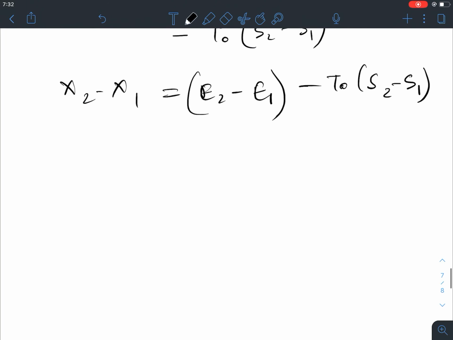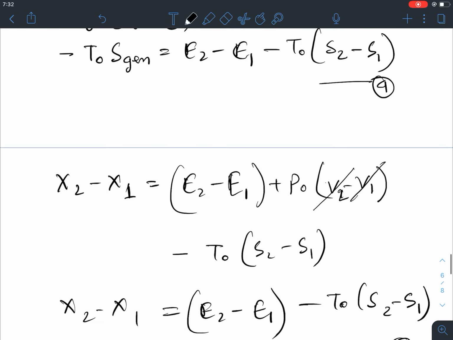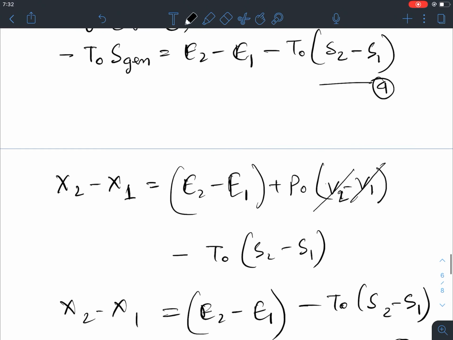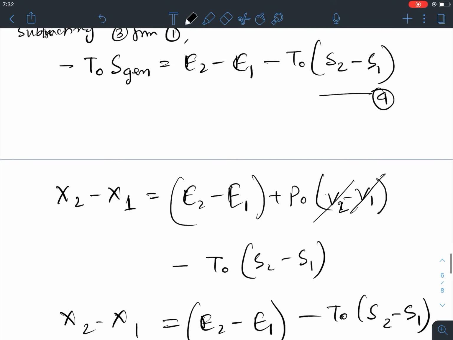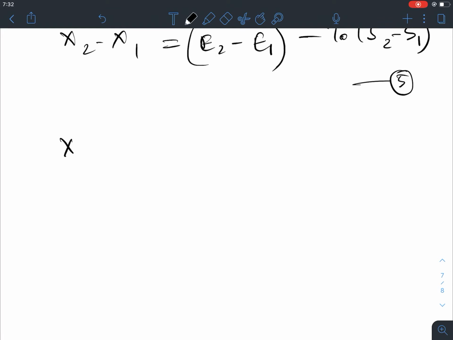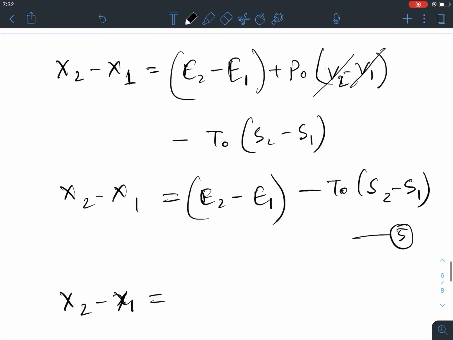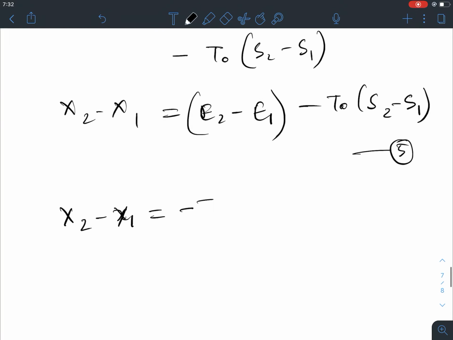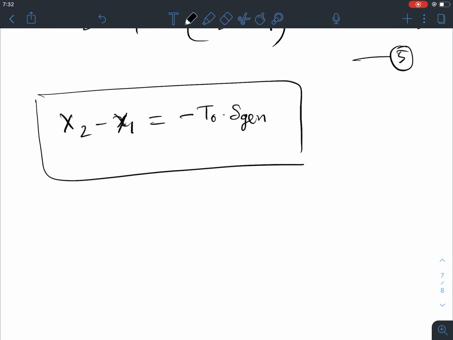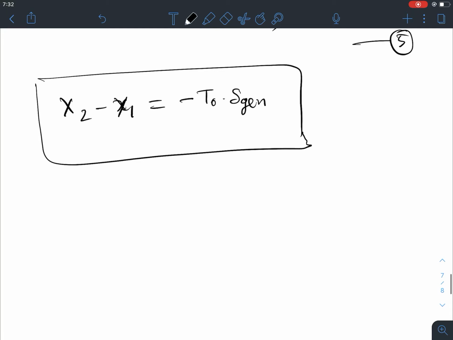Now if we compare equation 4 and 5, we can write X2 minus X1 equals minus T naught of S gen, right?